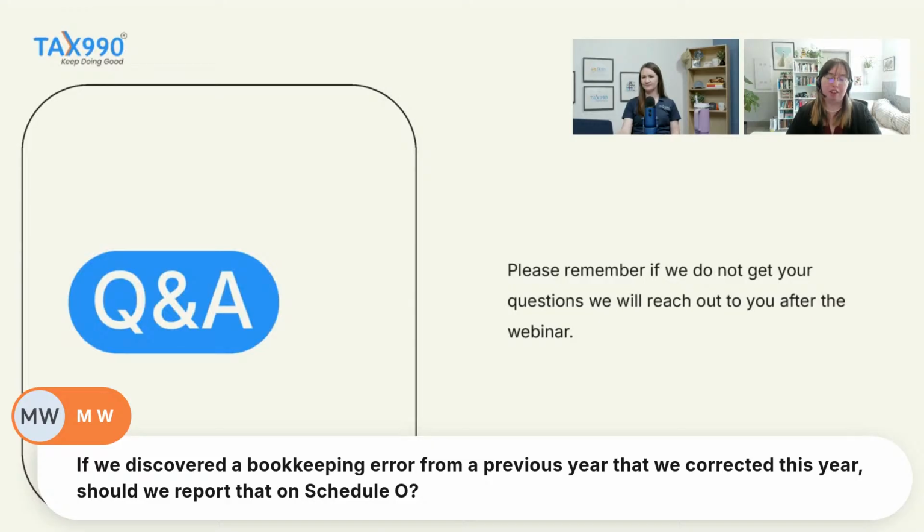And I always, always, always recommend that you explain what that difference was. Even if it's just $1 difference for a rounding error, having that explanation saves it from being a red flag. So yes, definitely report that on the Schedule O.